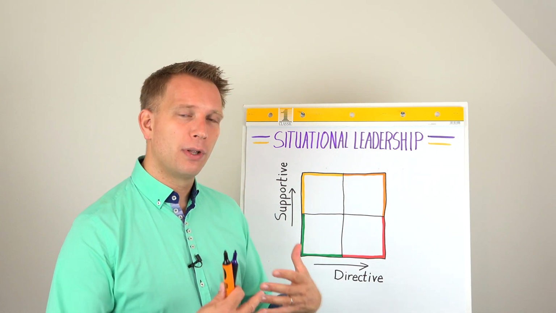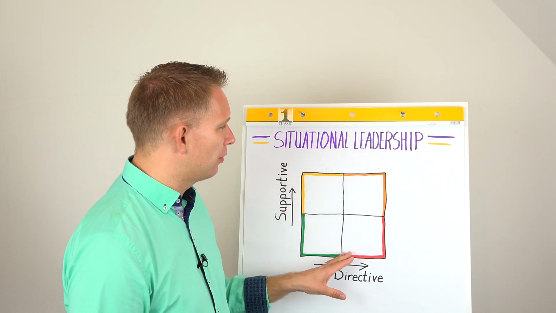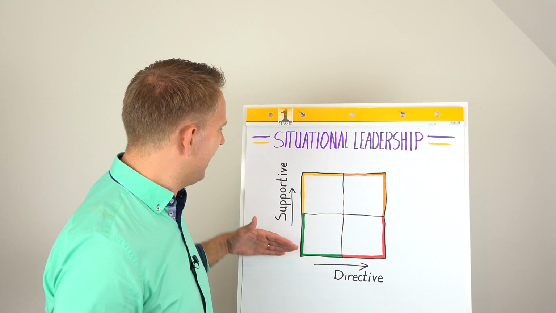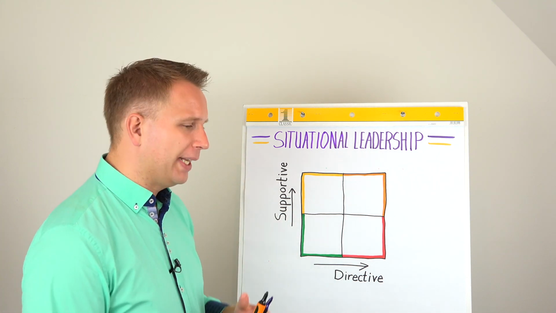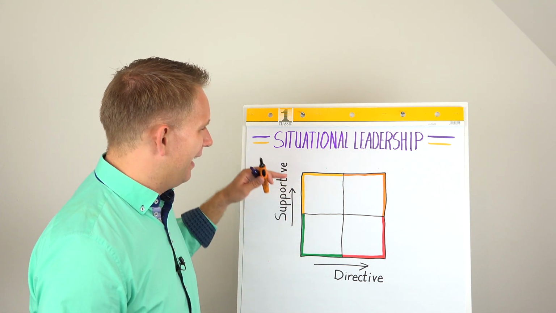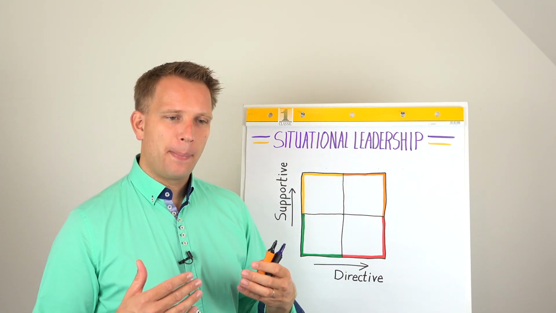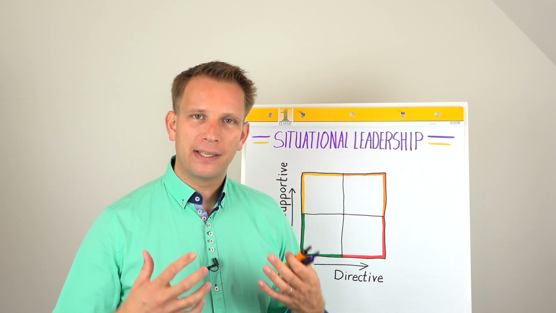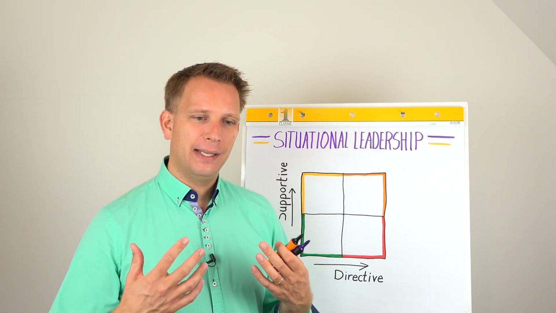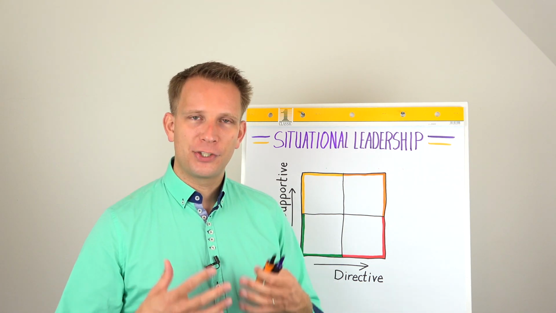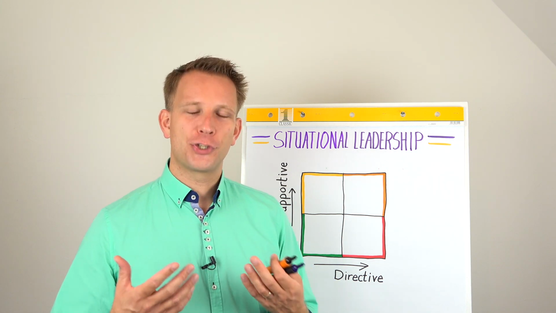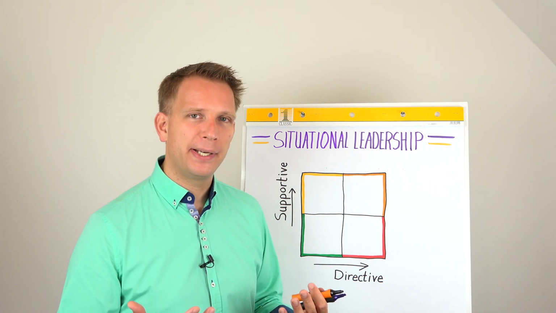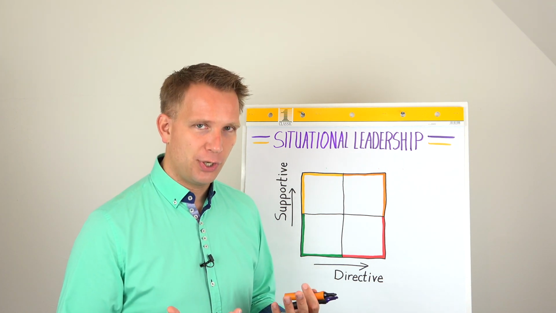I don't really tell you what to do, but I do already give quite a number of boundaries, quite a bit of information. And with supportive, highly supportive is really like cheering on: giving confidence and a safe feeling of being supported by the leader, the manager, or somebody else in the organization.